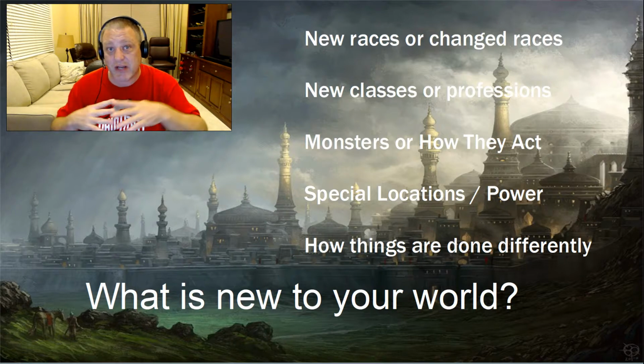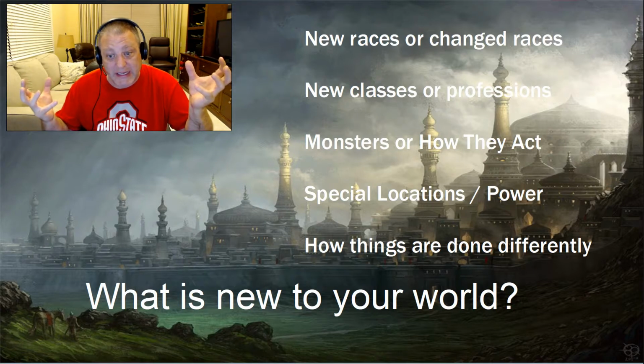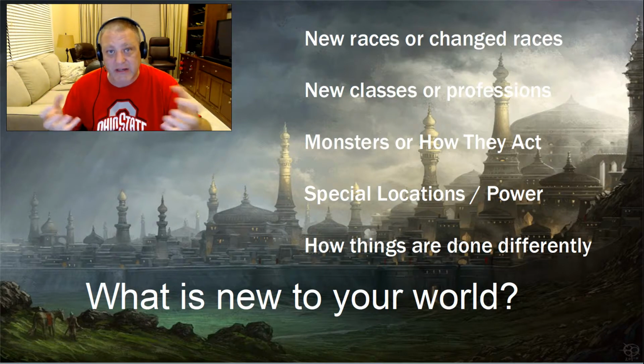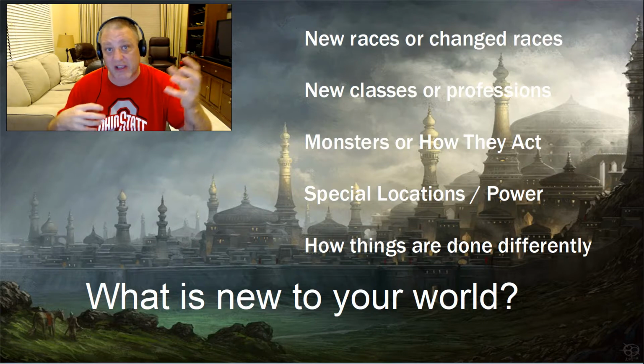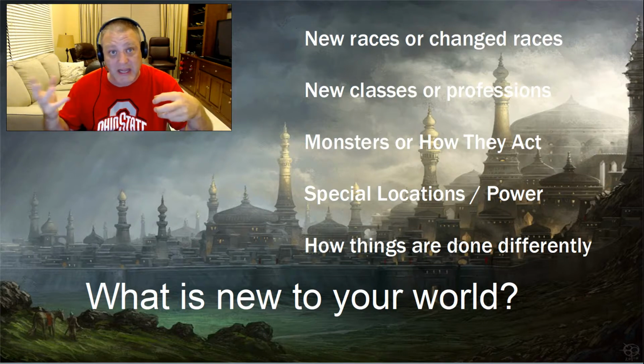So when you're thinking about creating a fantasy world, we're not talking about just creating a fantasy map. We're talking about the essence of the world, the structure of the world, the theme of the world, how the races interact, how civilized it is, how populated it is, how the gods interact with it, whether there are many gods or very few gods, the spells and how magic is done.